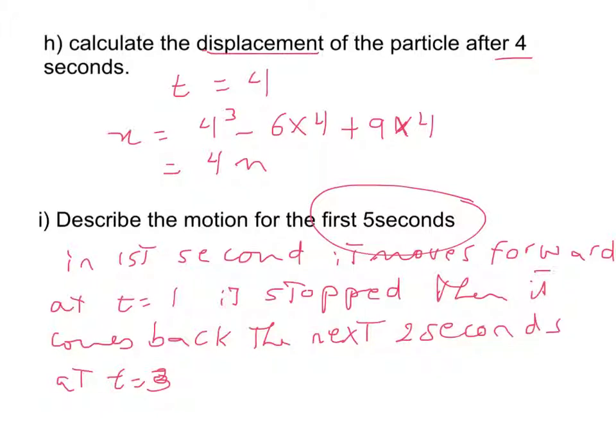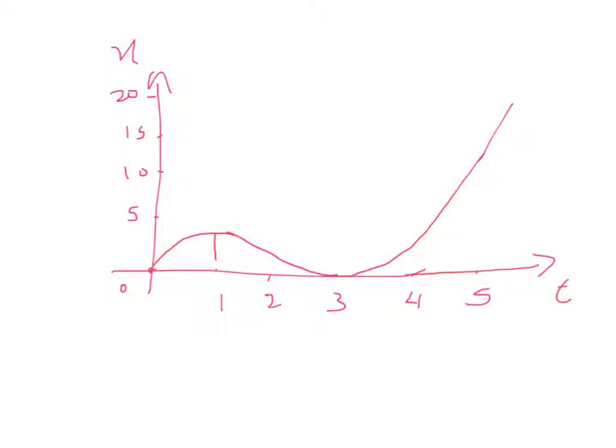And that's all if you go back to our graph. To explain this more clearly, as you see, the particle moves forward for the first second. So from there to there, it's moving forward. And at t equals 1, it stops. Then it comes back during the next 2 seconds, and it stops again at 3, and then it keeps going in a positive direction, and the velocity is increasing at all times.